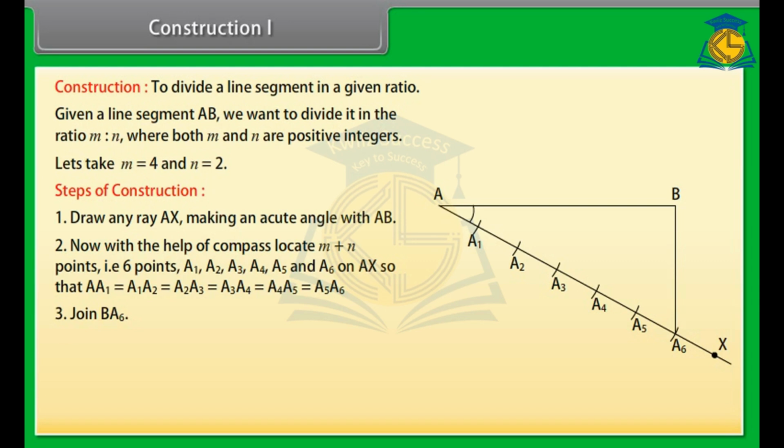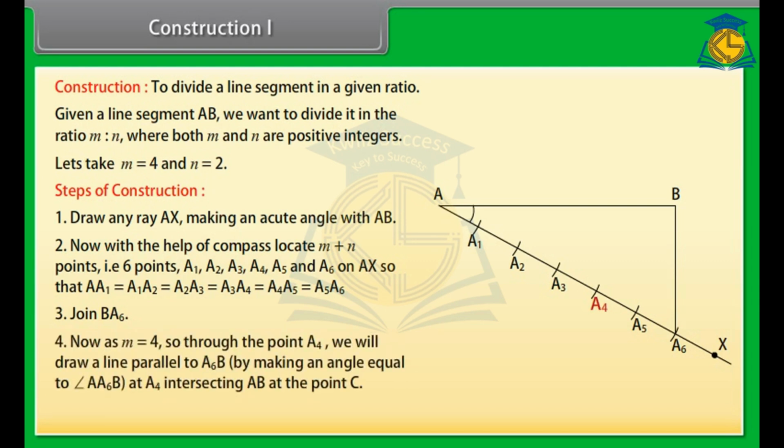Join BA6. Now m is equal to 4, so through the point A4 we will draw a line parallel to A6B by making an angle equal to angle AA6B at A4 intersecting AB at the point C. Then AC:CB is equal to 4:2.